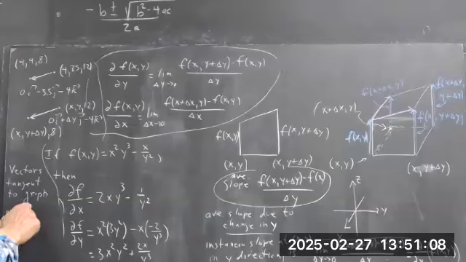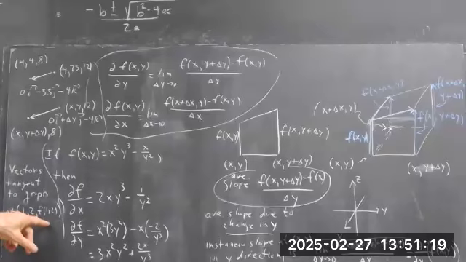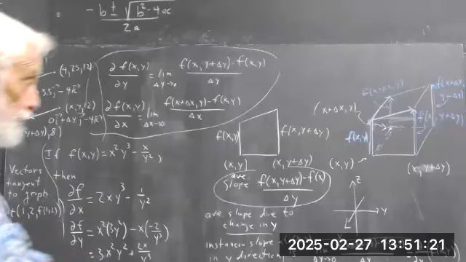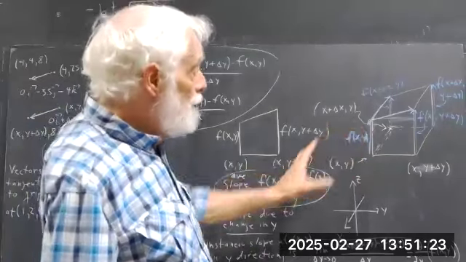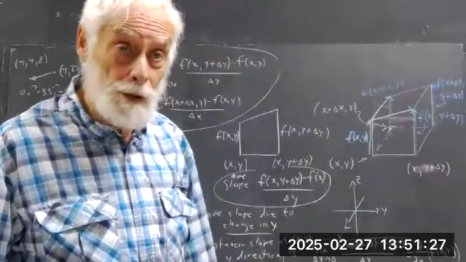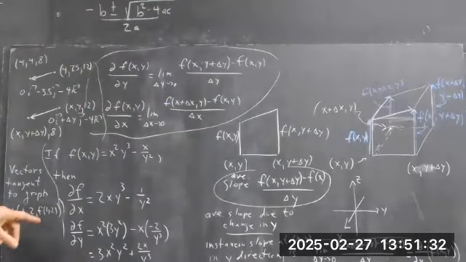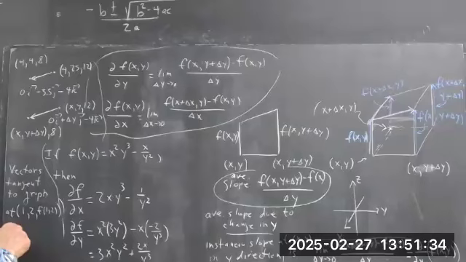Let's say at the point 1, 2, f of 1, 2. So here's the point 1, 2.